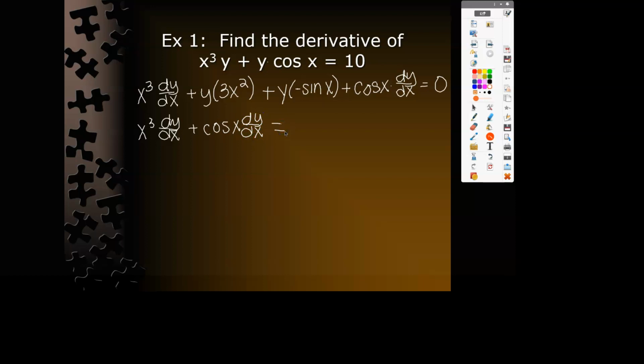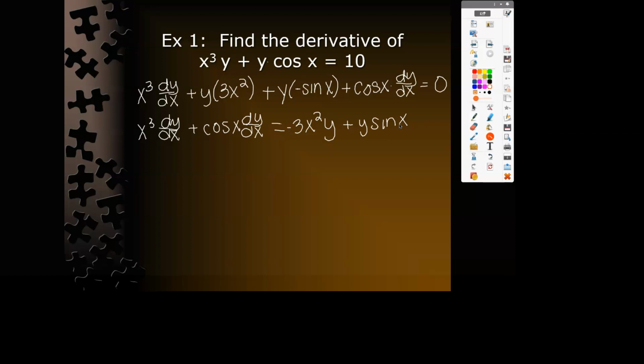And then as I move over the y 3x squared, I'm just going to make it so that the coefficient is out in front, is positive, so to move it to the other side it becomes negative. And then similarly, the negative y sine x is going to become positive y sine x.